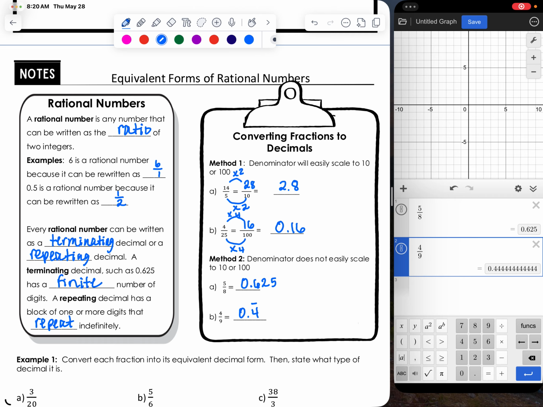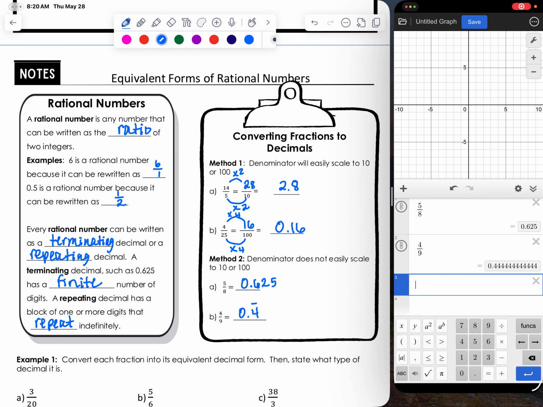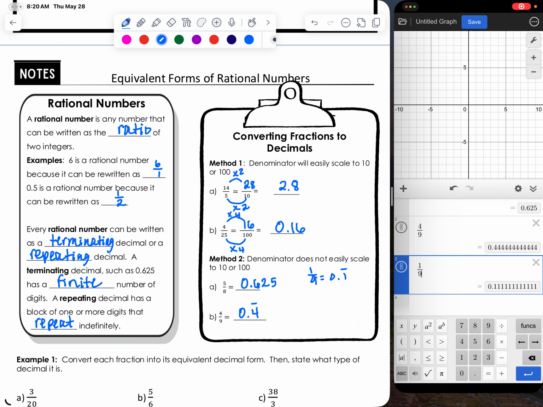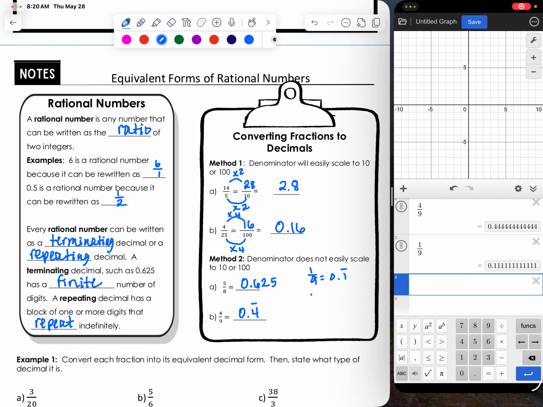Now, while we're here talking about ninths, I want you to notice that ninths have an interesting pattern. Let's say I wanted to convert 1/9. 1 divided by 9. So notice it is 0.111 repeating. Okay. What about 2/9?